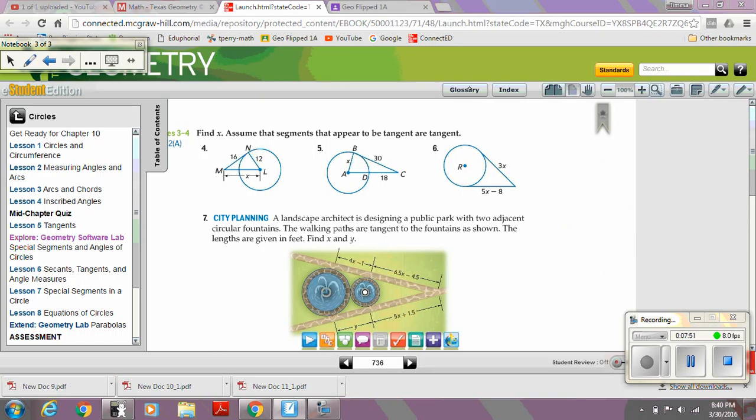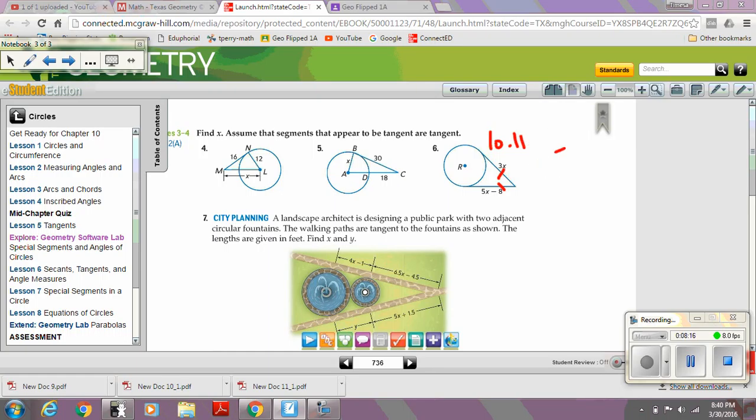On number 6, we're going to use theorem 10.11, which stated that if two tangent lines intersect at the same point, those two tangent lines are congruent. So that means this tangent line 3x is congruent with this one 5x minus 8. So since they're congruent, the measurements are equal.